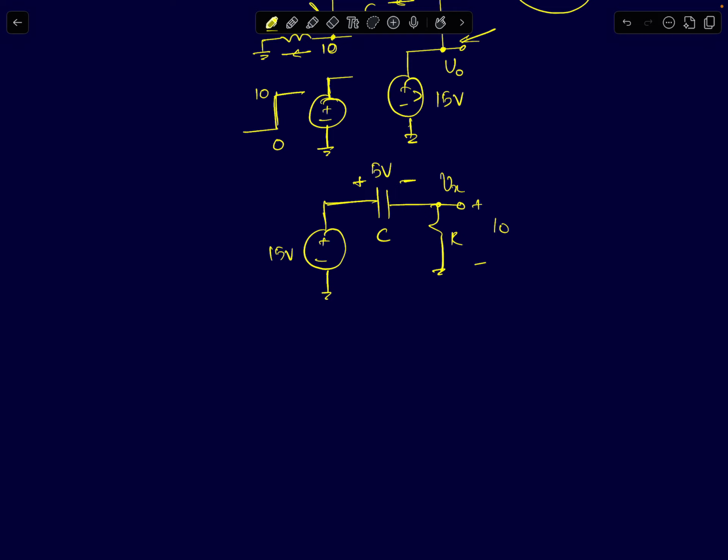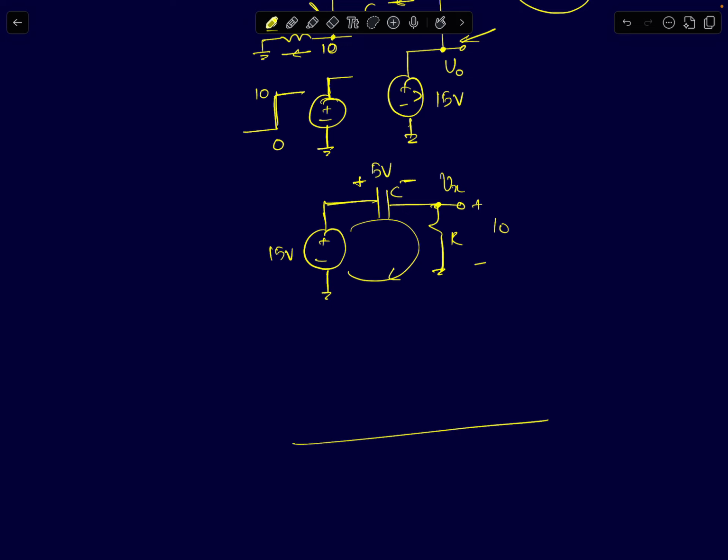So this is a first order RC circuit. The steady state is achieved when the capacitor eventually acts like an open circuit, which means the current in this RC loop will go to 0. When the current goes to 0, the voltage across the resistor will go to 0, which means Vx will decay down to 0.